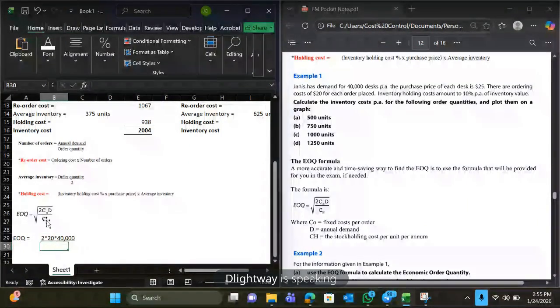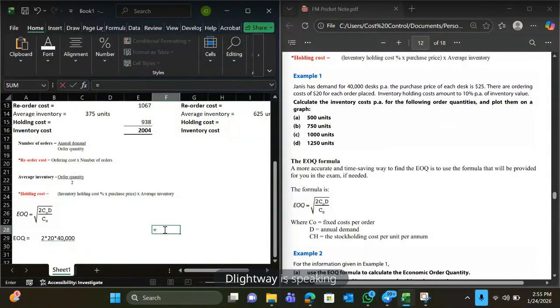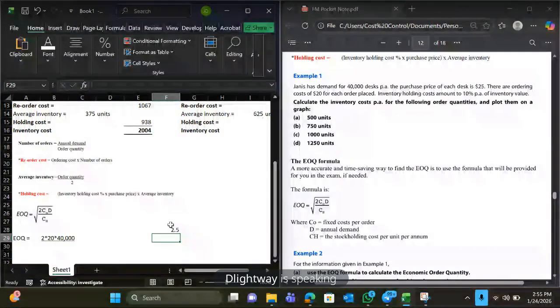Divided by our holding cost per unit. Don't forget, our holding cost per unit is 10%. 10% is the same thing as 0.1. 10% of 25 naira, that's the purchase price. So that's 2.5. So divided by 2.5.